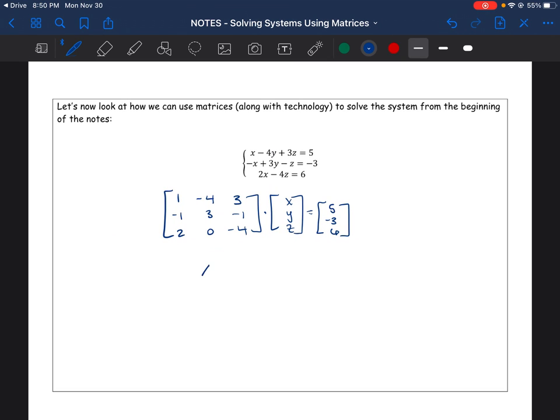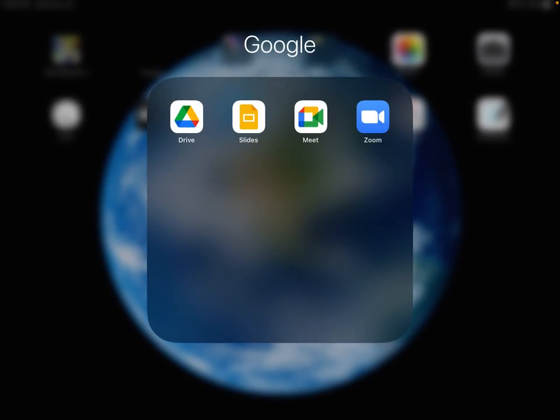Okay, and once again, this is A times X equals B. So what we're going to do, remember, we're trying to solve for the variable matrix X, and we know that X will be equal to A inverse multiplied on the left side times B. So let's go over to our Desmos matrix calculator to calculate this.